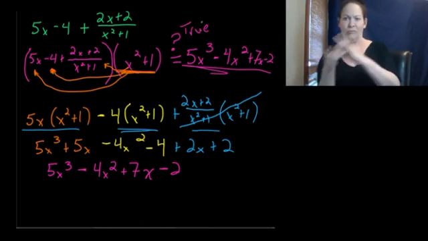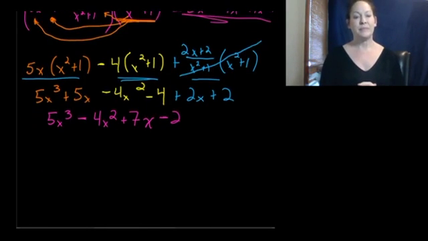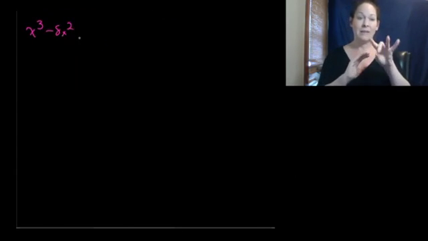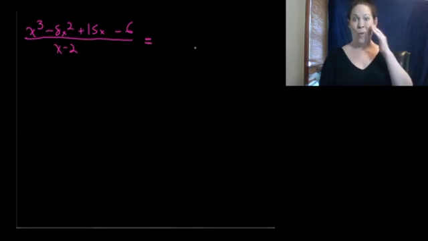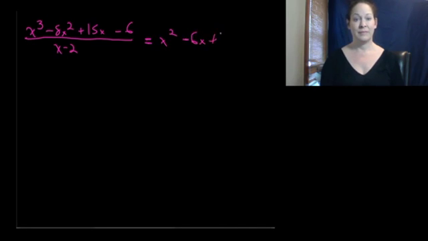So one of the things the book will ask you, it'll say, if I have the parts, if I have x cubed minus 8x squared plus 15x minus 6 over x minus 2, and I know that answer, I get x squared minus 6x plus 3.